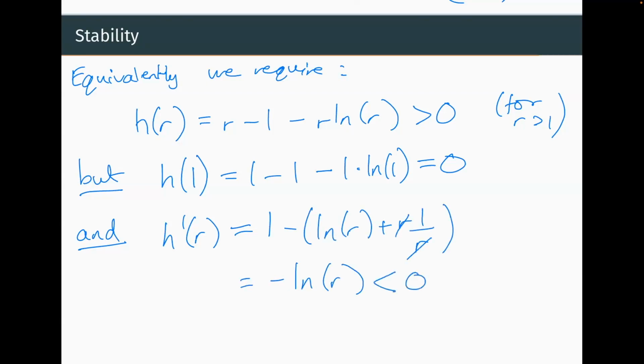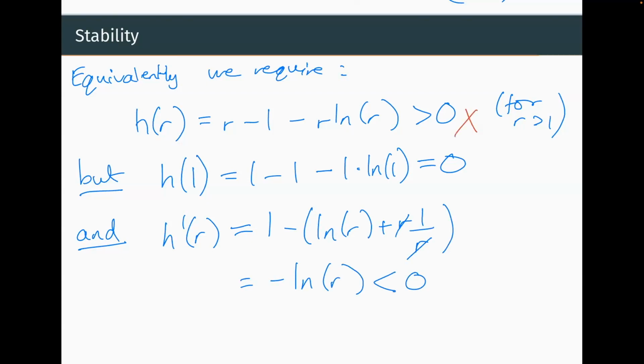So what this is saying then is that this value of h reaches a maximum of 0 when r is equal to 1, and it's always decreasing for any r greater than that. So it can never go above 0.